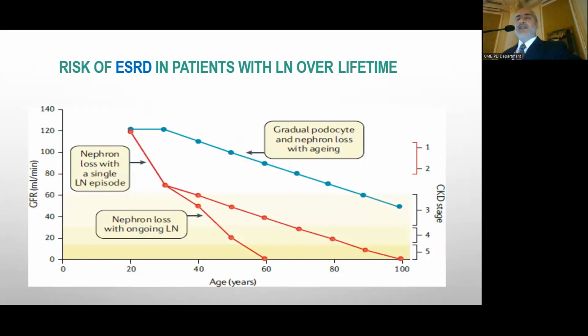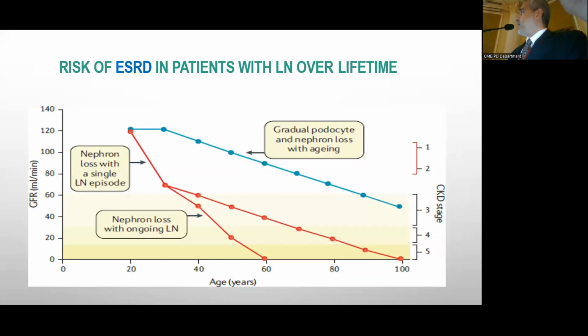And as we know, lupus with time may progress to end-stage kidney disease. If we review the progressive nephron loss in the normal population, the blue line shows the progressive loss of nephron mass with age, and this is the normal change.